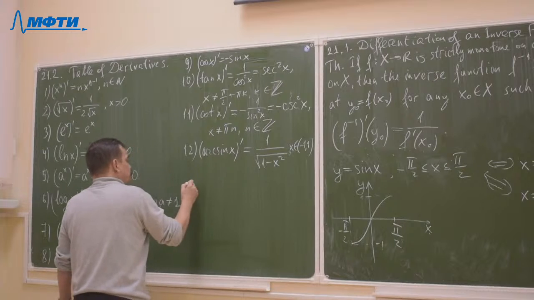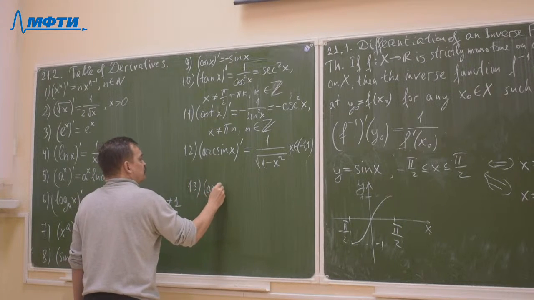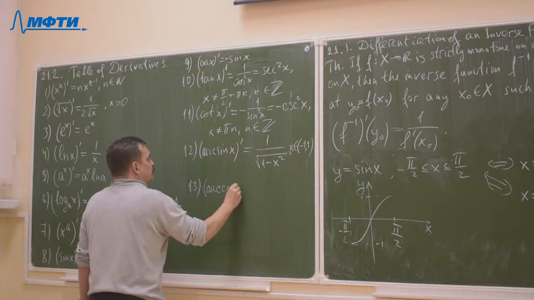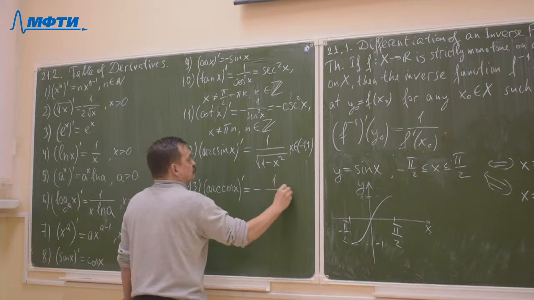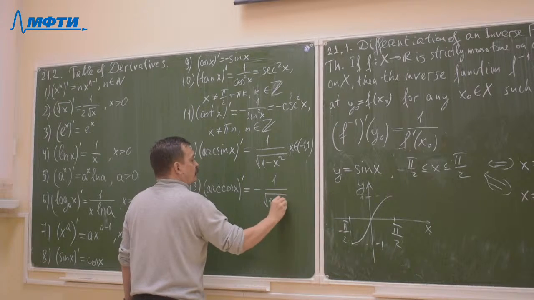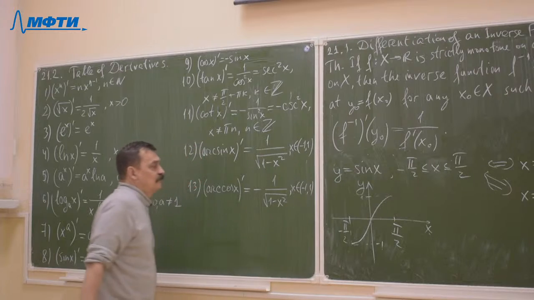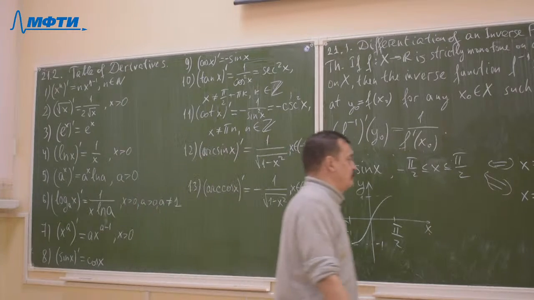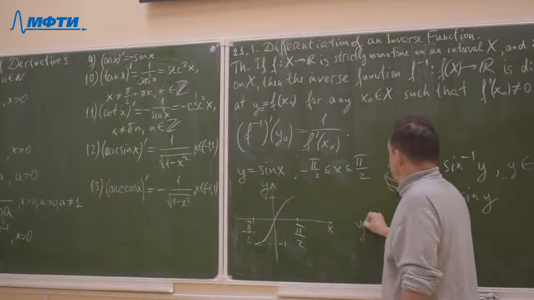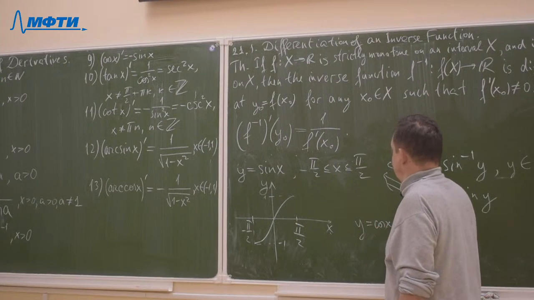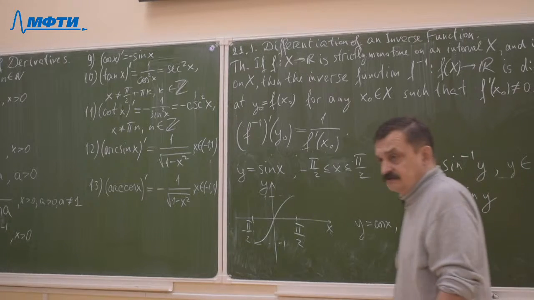Analogously, we can proceed for other inverse trigonometric functions, let's say arc cosine x. Here we observe that for the cosine we have a similar graph, but the function is strictly decreasing.